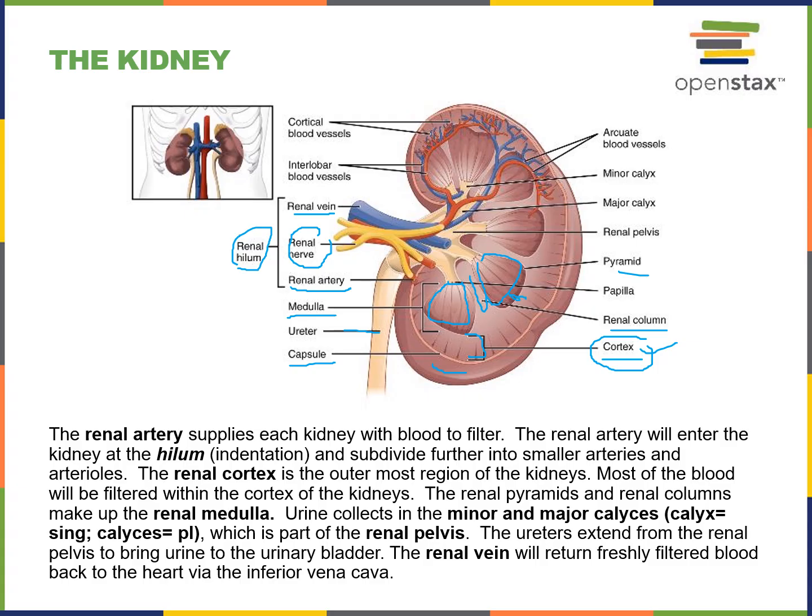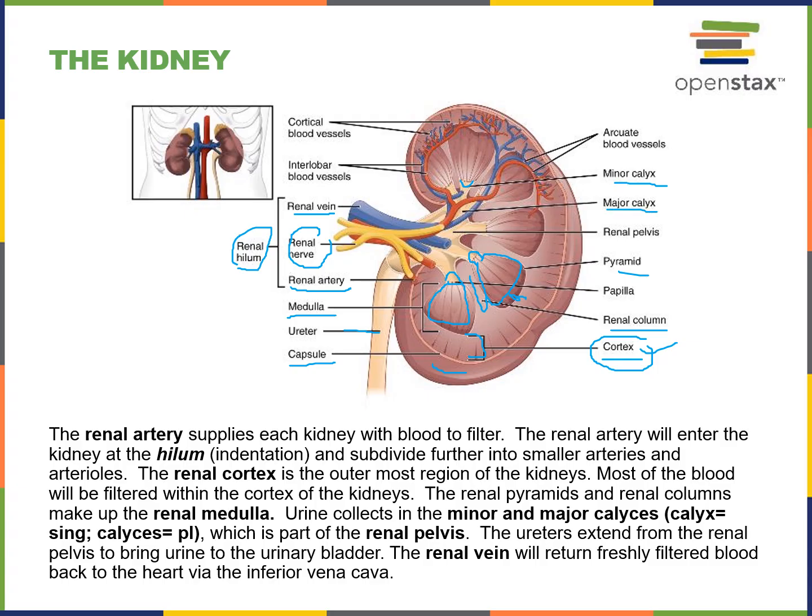The reason I'm telling you that is that at the bottom part of each renal pyramid are cup-like structures called calyces. We have a minor calyx shown here, and many minor calyces, always at the tip of the pyramid. Many minor calyces merge to form what is called a major calyx.